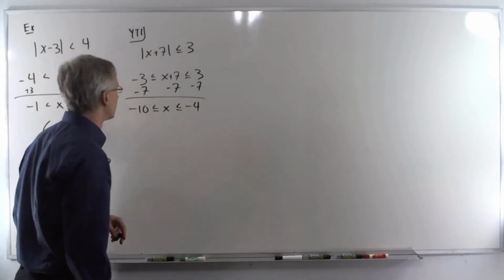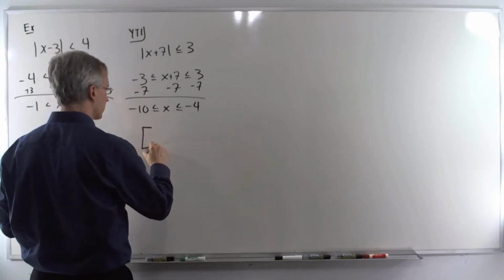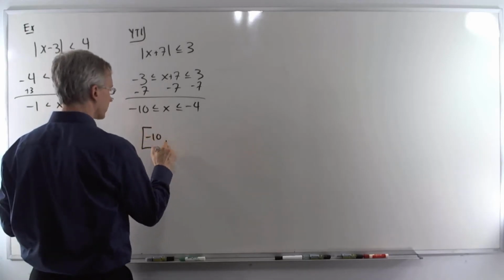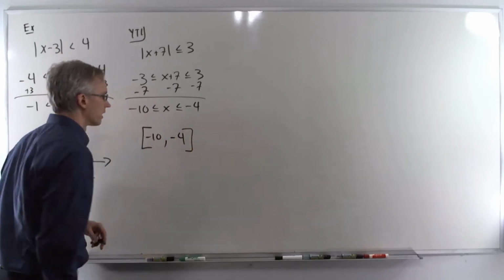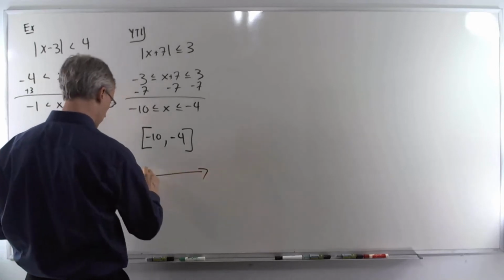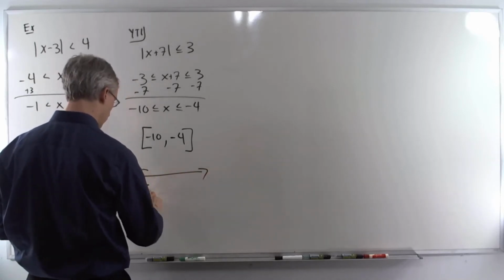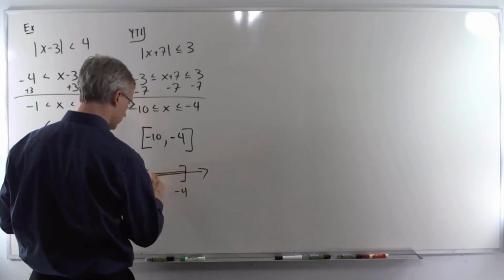And it gives us between -10 and -4. All right, now we'll write this using interval notation. -10 with a bracket because of less than or equal to, and a negative 4, and then the graph. And it's all points in between.